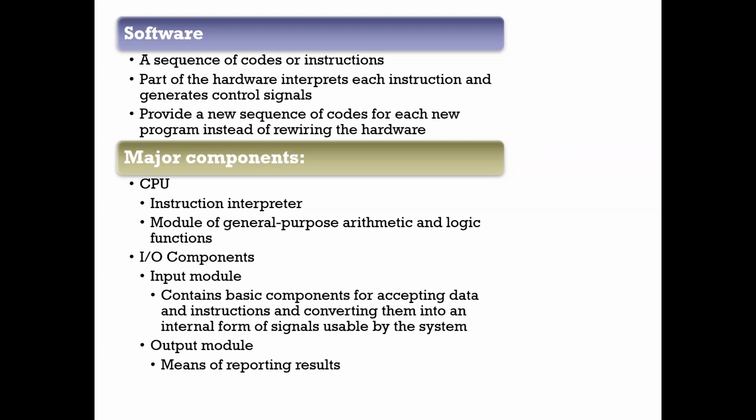Major components in the CPU are the instruction interpreter and the module of general purpose arithmetic and logic functions, or the arithmetic logic unit. I/O likewise has major components: the input module, which contains basic components for accepting data and instructions and converting them into an internal form of signals used by the system, and an output module, which is a means of reporting the results external to the computer.